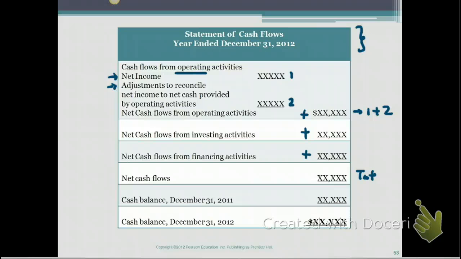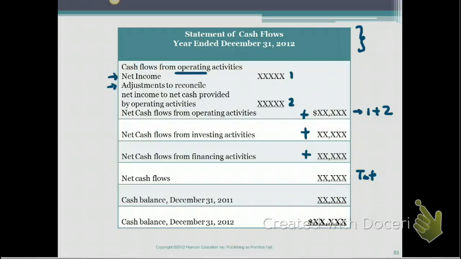Next, you take your cash balance from December 31st, 2011, which we call our beginning cash balance. Remember, just as we have a beginning retained earnings, which is last year's ending retained earnings, to find our beginning cash balance you would look at our ending cash balance from last year.